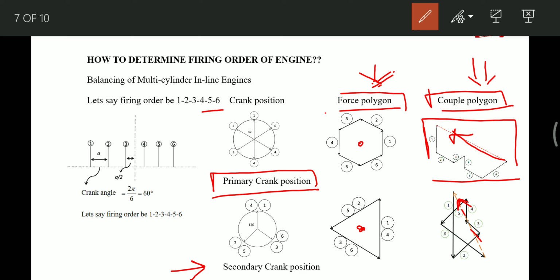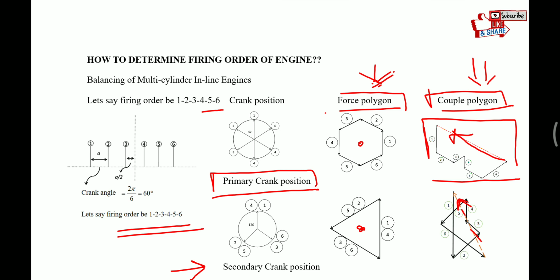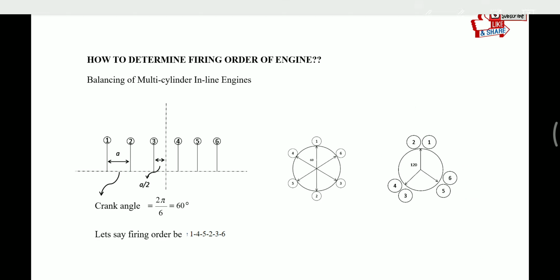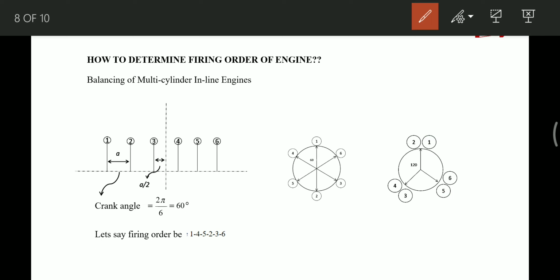Now let's see the magic by just changing the firing order of the system. Let's assume this time the firing order is 1, 4, 5, 2, 3, 6. Similarly, we draw the crank position angles for the primary as well as for the secondary unbalanced forces. So it is 1, then 4, then 5, then 2, then 3, then 6.